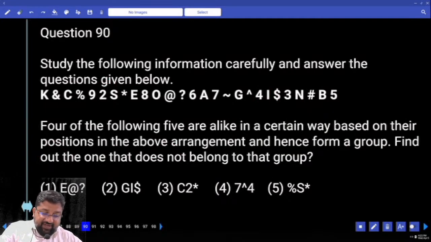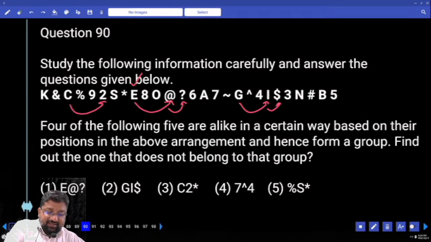4 out of the following 5 are alike in a certain way based on their positions in the above arrangement and hence form a group. Find the one that does not belong to the group. E at the rate question mark. Third right, starting from E. Third right, immediate right is GI. Third right, immediate right is $C2.